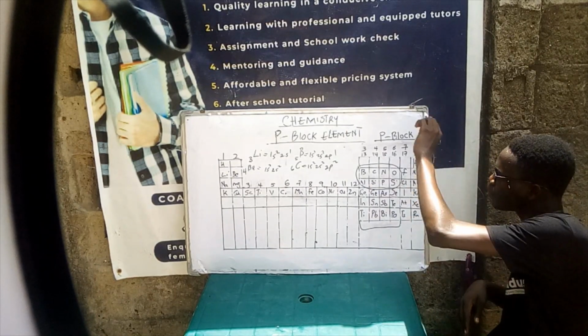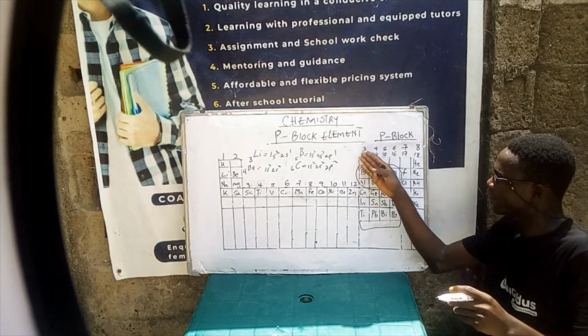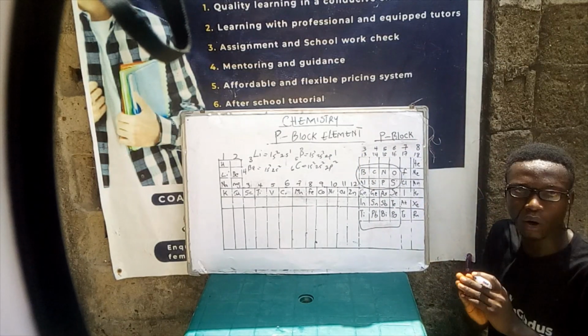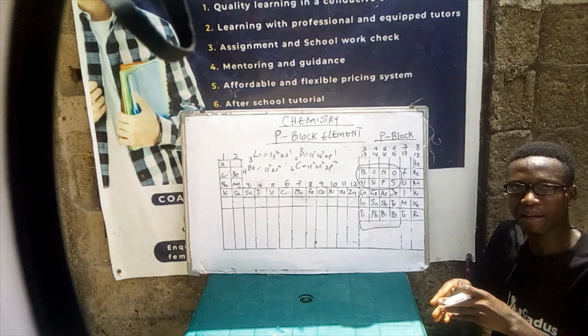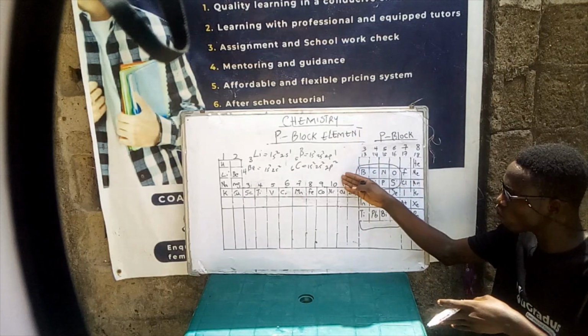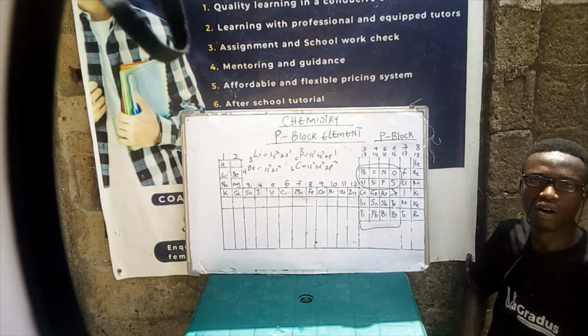And as I said, these elements at this side, group 13 to 18, are p block elements. So I hope you now understand why we call them p block elements. They are elements that, when we configure them, show that they have electrons in the p orbital. Thank you.